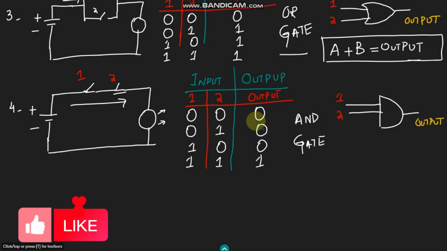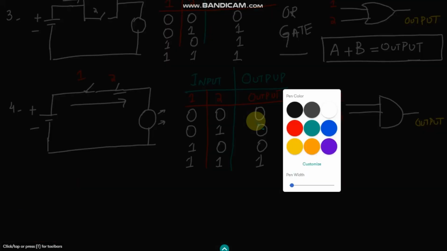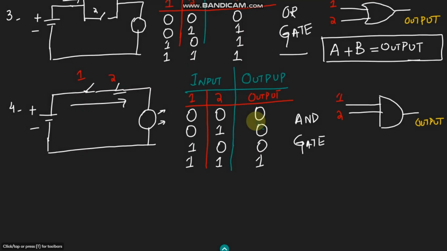And similarly, the mathematical operator which is used to represent the ANDing operation is the asterisk or dot operation. So it will give me the output, where the output is composed of the AND of A and B.